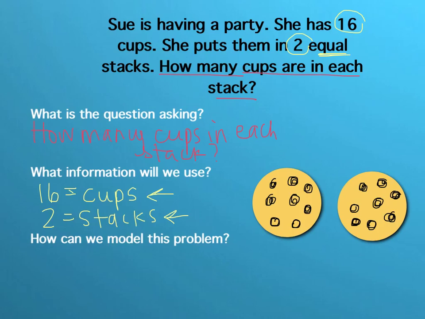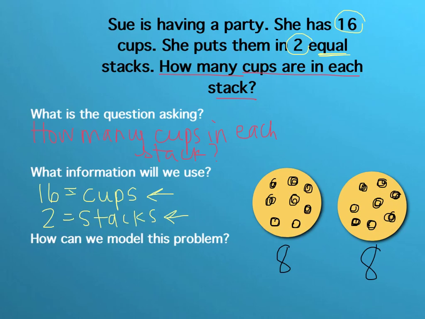Have I shared out all 16 cups? Yes. So now let's count how many cups are in each stack. 1, 2, 3, 4, 5, 6, 7, 8 cups in that stack. And let's count the other stack. Are they equal groups? 1, 2, 3, 4, 5, 6, 7, 8. Are there 8 in that stack?